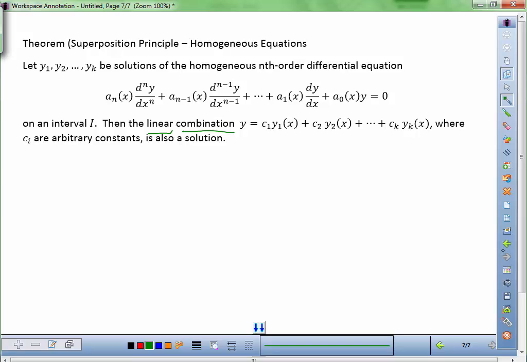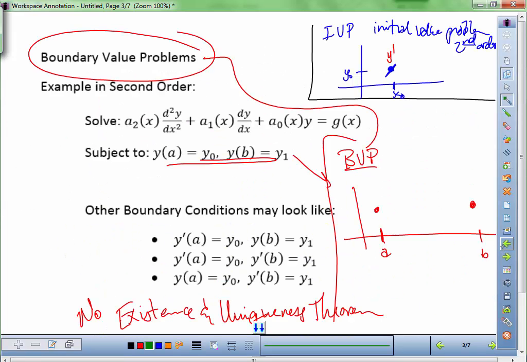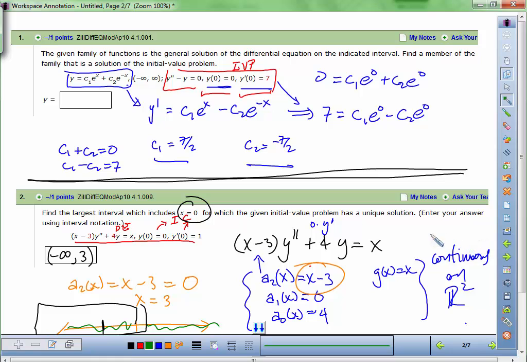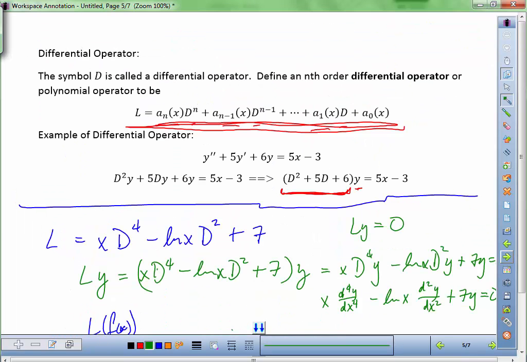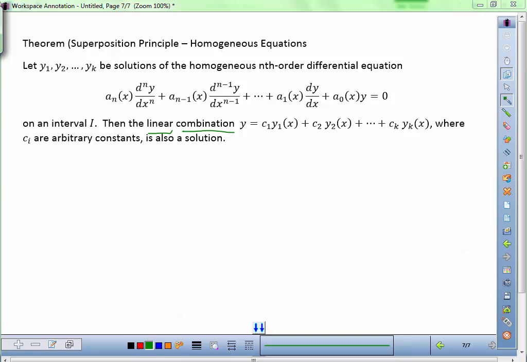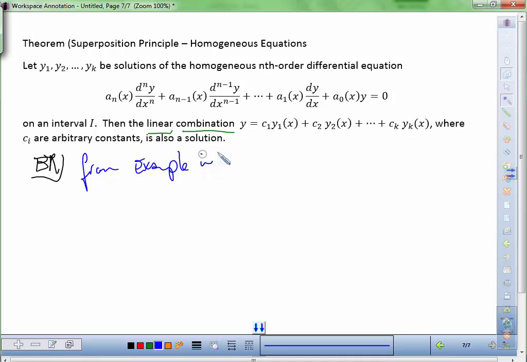Well, let me take a look at another example back here. The homework problem that we were doing: y double prime minus y is equal to 0. Let's take a look at that. We have y double prime minus y equals 0 as our differential equation.